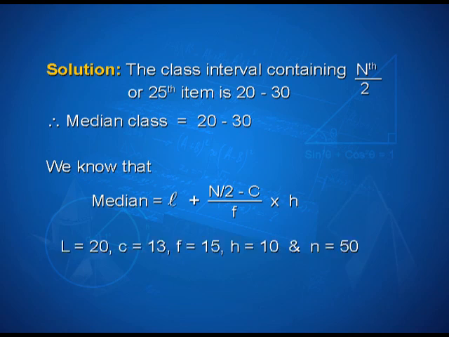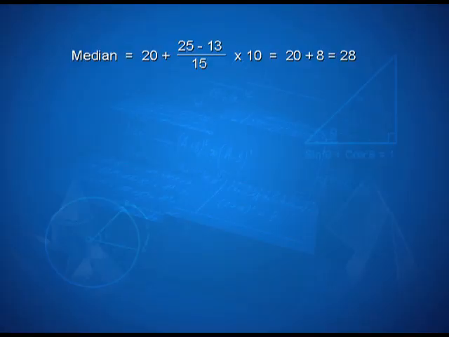We also note that L here is 20, cumulative frequency C is 13, f is 15, h is 10 and n is 50. Using the formula, median can be calculated as 20 plus (25 minus 13) upon 15 into 10, that is equal to 20 plus 8, that is 28.